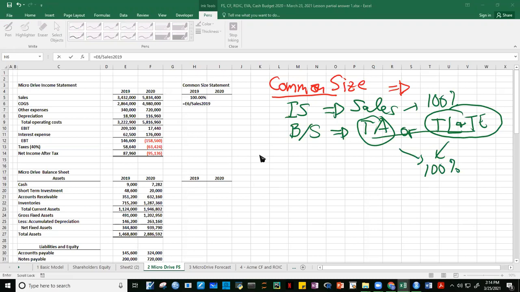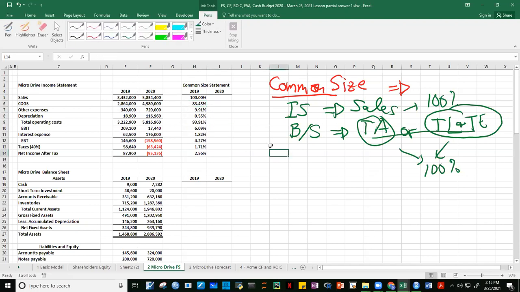Okay, I have a few more minutes. So when I copy this down, lahat sila, lahat yung formula nyo, lahat with respect to 2019. Okay, di ba? Yun ang ibig sabihin ng common size, no?